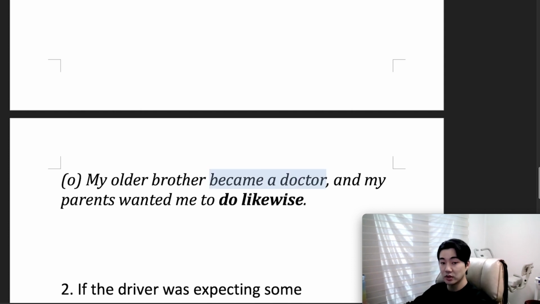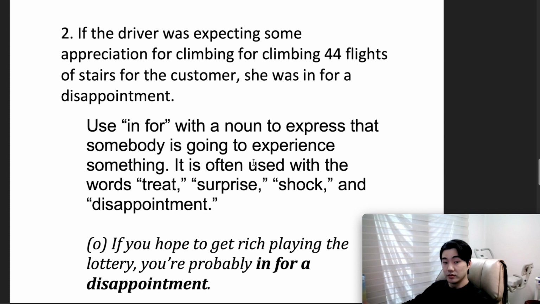And my parents, 우리 부모님들은 wanted me, 내가 의사가 되기를 원했다. They wanted me to do likewise. They wanted me to be the same. So a simple way of explaining it is my brother became a doctor and my parents wanted me to become a doctor as well. Now let's move on to 2번.